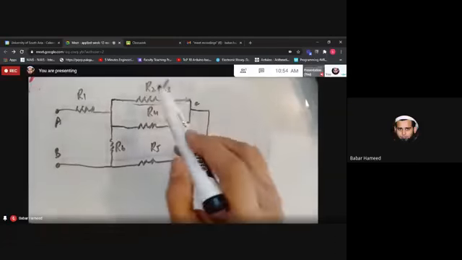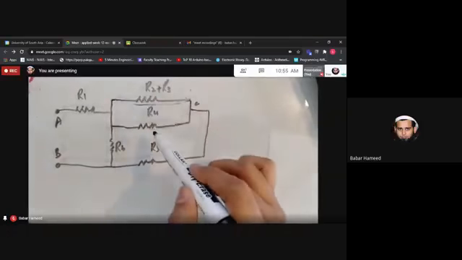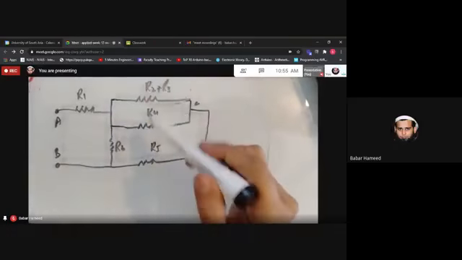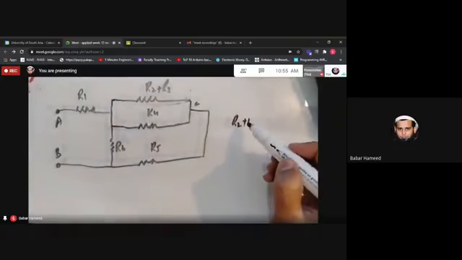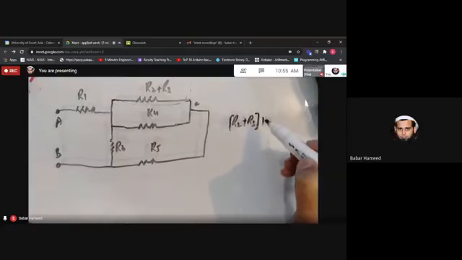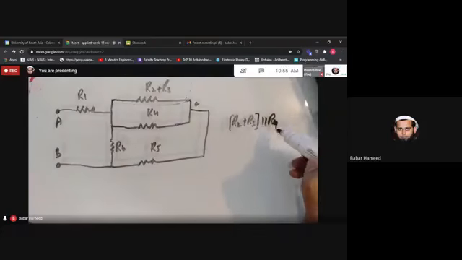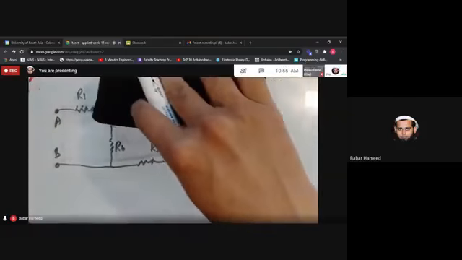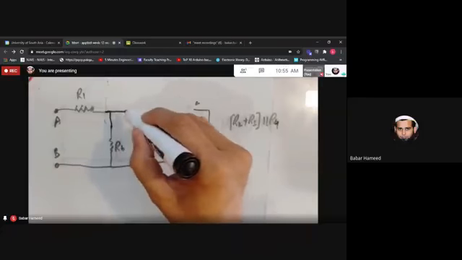If I see, this series circuit is in parallel with R4. So I can replace this connection as R2 plus R3 in parallel with R4. So I can replace the whole bunch of resistances by a single resistance.